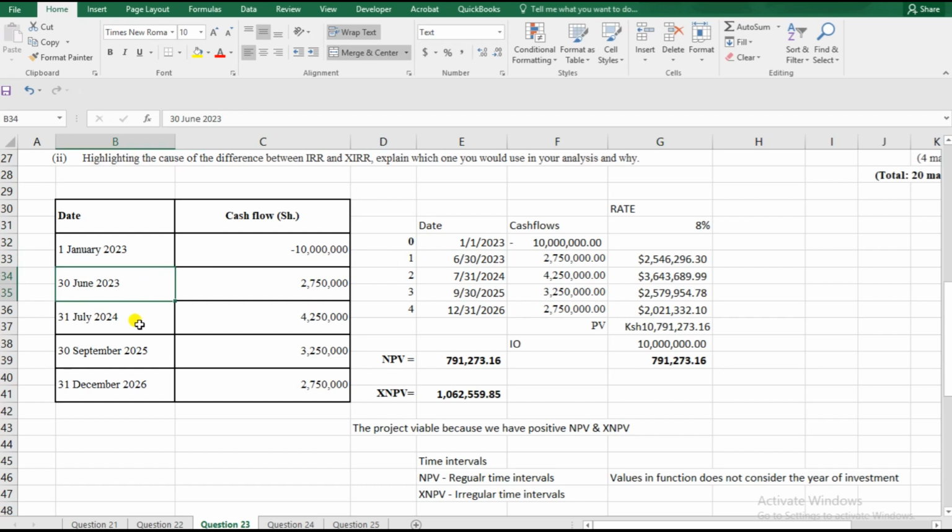The next value that you're receiving is July 31st, September, and at the end of the day, I'm receiving again on the 31st. From January, you see there's that duration that you've jumped. Then again, September, there's that duration that we jumped. So clearly, this gives us a reason of irregular time intervals.